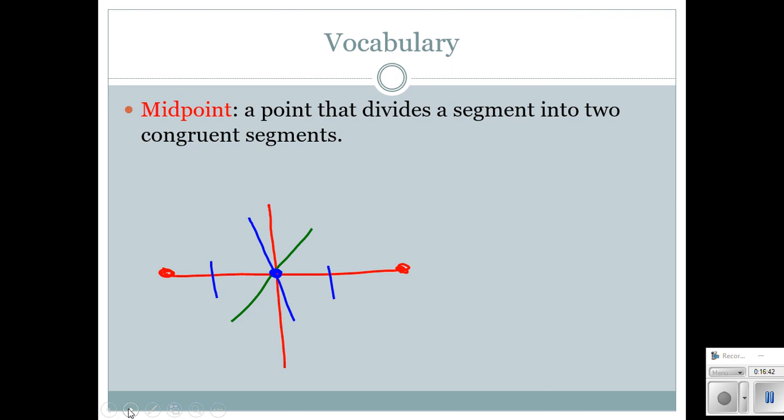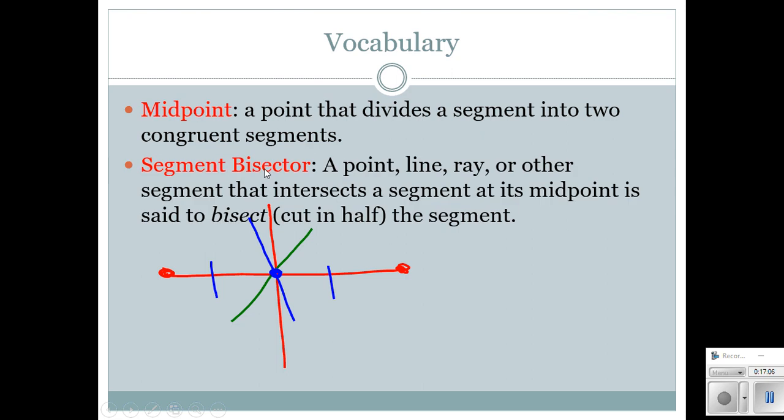So let's look at some vocab. The first vocab we're going to look at is a very important vocab: midpoint. A midpoint is a point that divides a segment into two congruent segments. Segment bisector, that's another really important vocab.